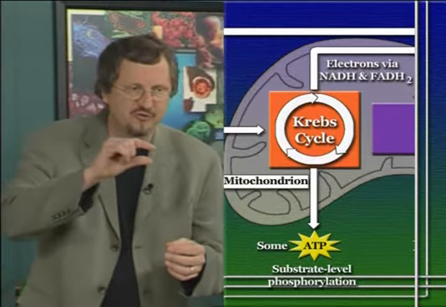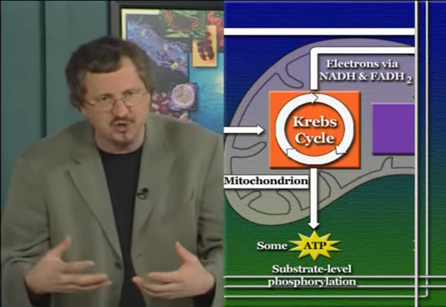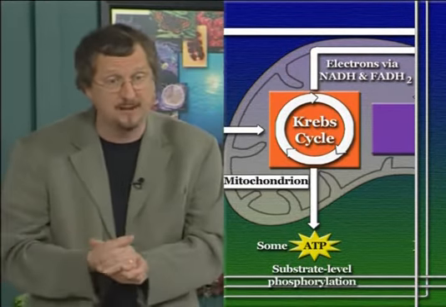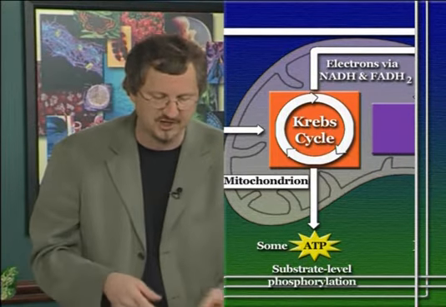The complete oxidation of pyruvate by the Krebs cycle produces more ATP through this process of substrate phosphorylation. Remember, what that means is that some of those reactions in the Krebs cycle release energy, and this energy is coupled to the production of ATP by a coupling enzyme. That's what we're calling substrate level phosphorylation.